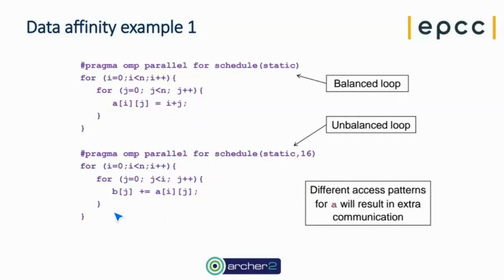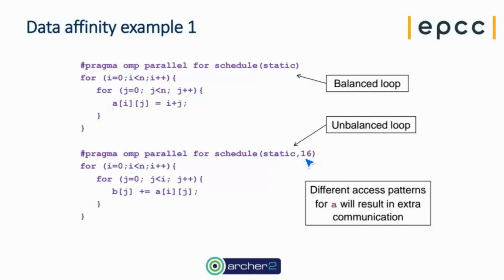In order to balance this loop reasonably well, we would need to take care of the scheduling somehow. So maybe we do some experiments and we find that a static schedule with a chunk size of 16 is appropriate and gives us good load balance. But then let's look back at the first loop.